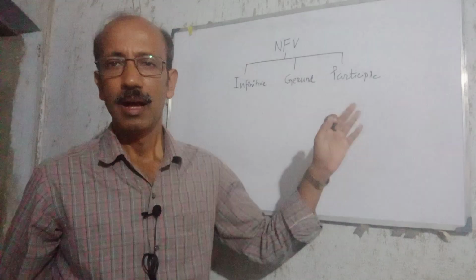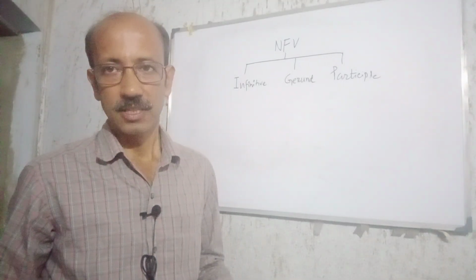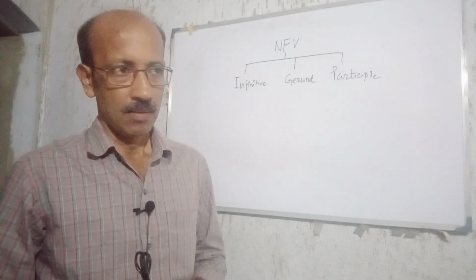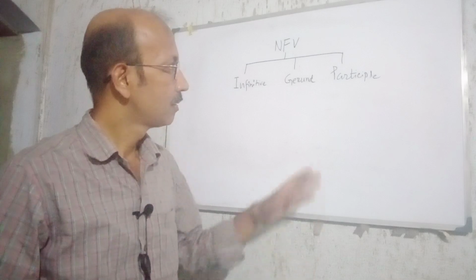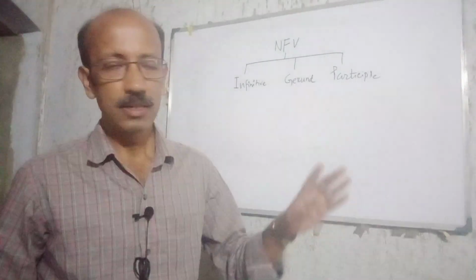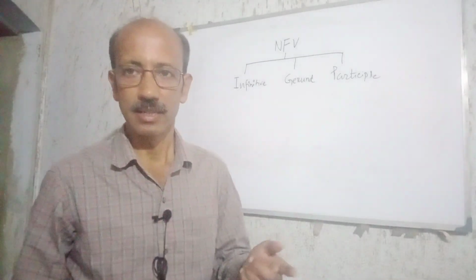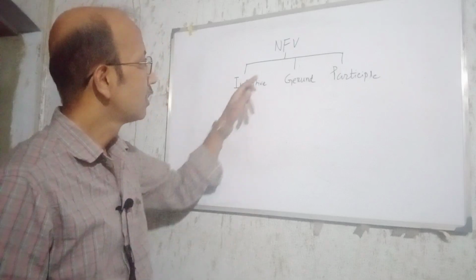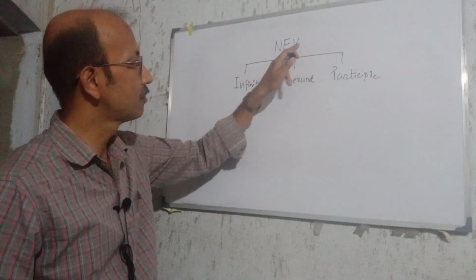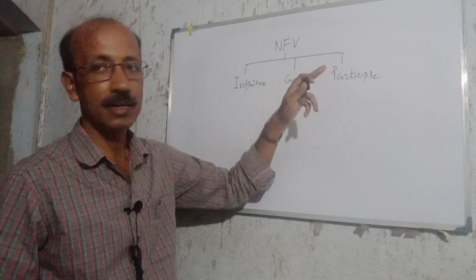Now, what are the non-finite verbs? Non-finite verbs are those verbs which do not change according to the change of tense. It is my definition. I repeat, they do not change according to the change of tense. I have written non-finite verb or NFV, three kinds: infinitive, gerund, and participle.